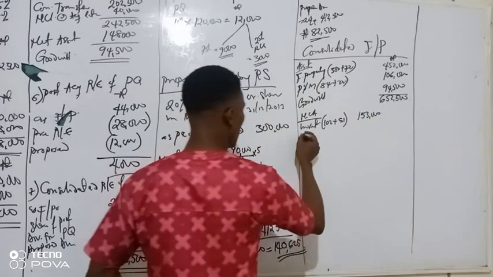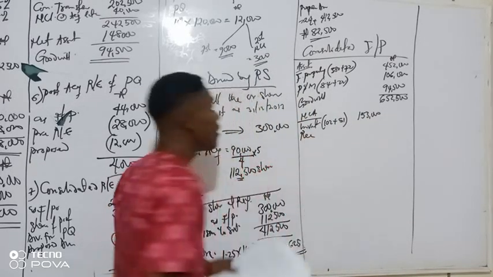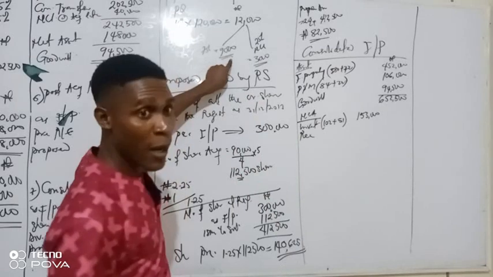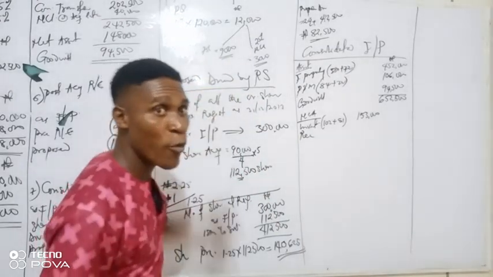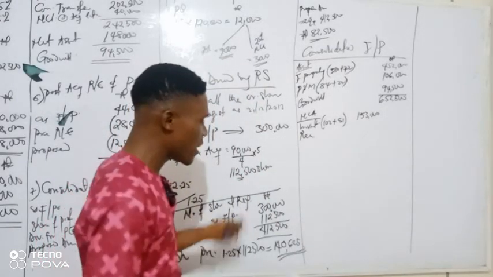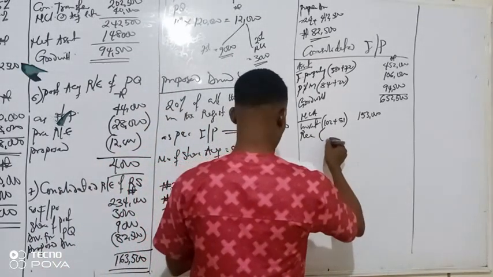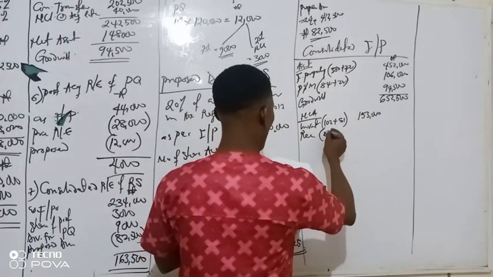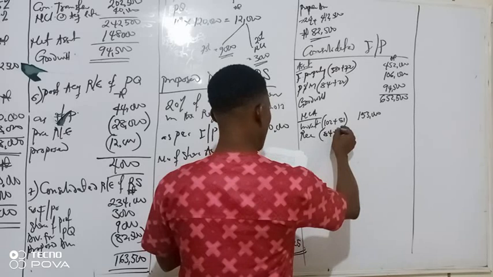Followed by receivables. Normally we won't adjust here unless it is a bad debt. You know what I mean? 84 plus 5.